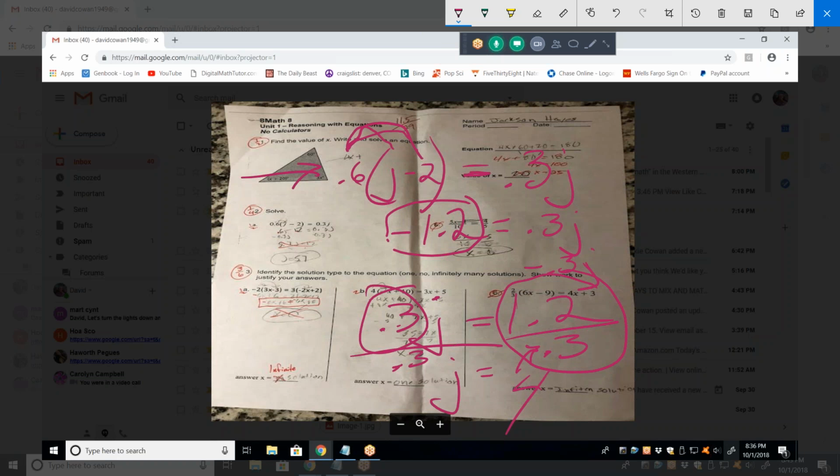That means you've done it correctly. They teach you how to multiply 4 times 0.3 by multiplying the numbers, and then there's one decimal place. 1.2. So 4 is definitely the correct answer.